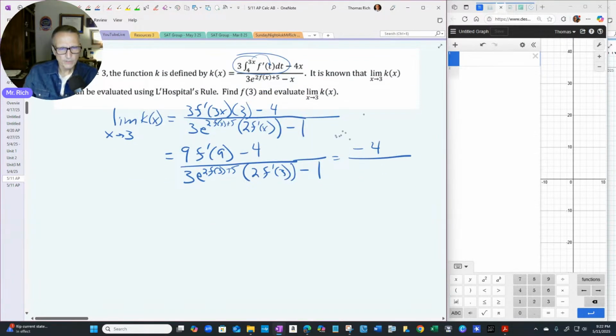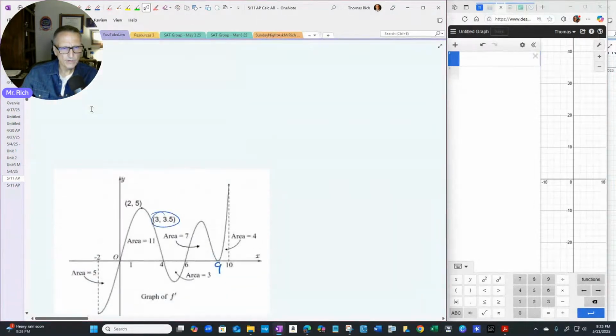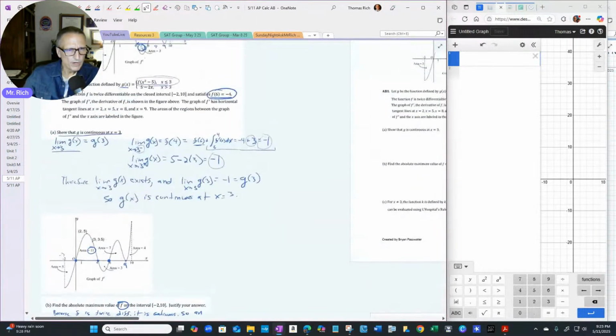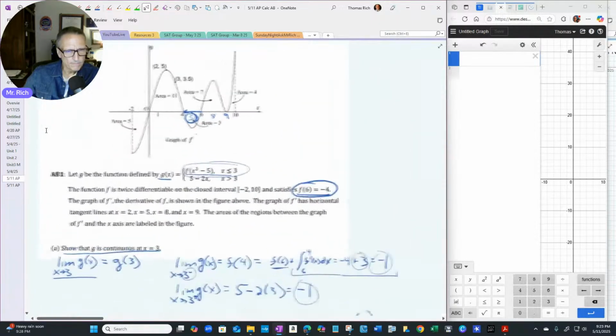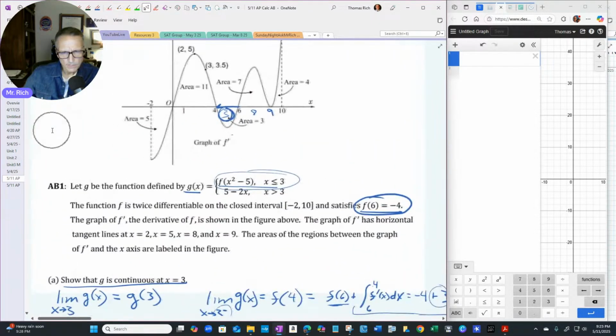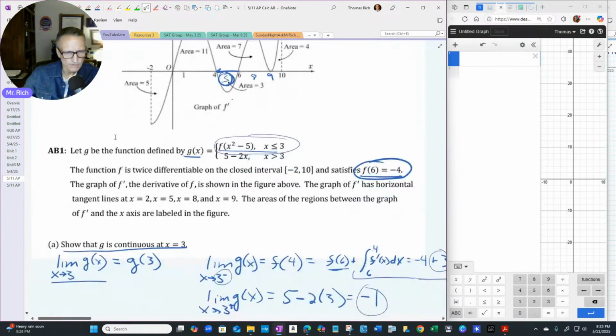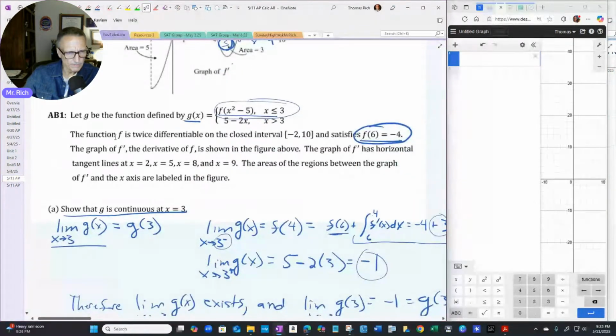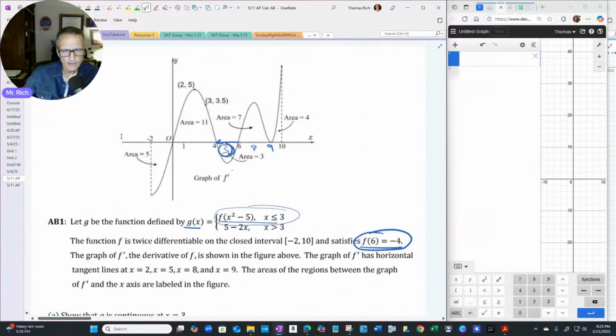So we still need to know what f of 3 is. So we are going to have to figure out what f of 3 is. And can we figure f of 3? Can we do that?